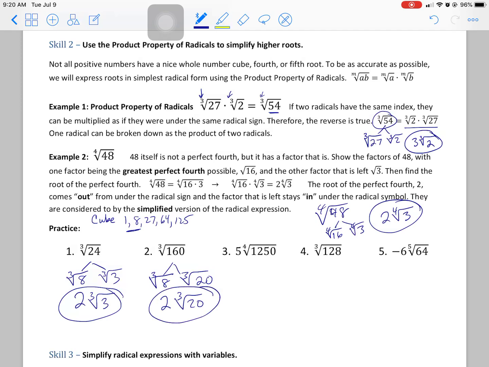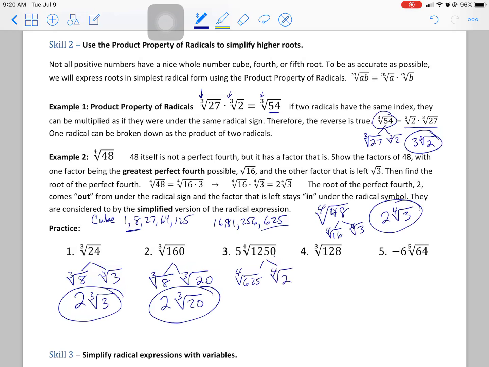Okay. Ooh, there is a whopper number. Cubes, no. Fourths now. Think about fourths. What are some fourths? 16, 81, 256, 625. This ends in a 0. I'd try the 625. Fourth root of 625. What is 1250 divided by 625? That comes out to a 2.